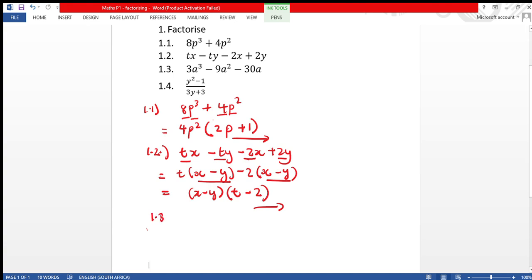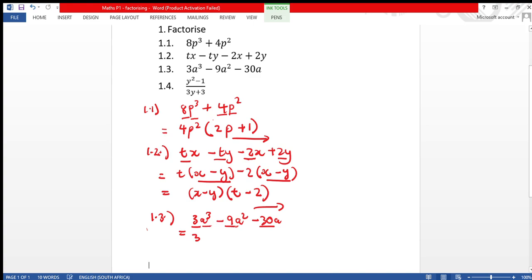Then let's go to question 1.3. We have 3a cubed minus 9a squared minus 30a. So between 3 and 9 and 30, 3 is a common factor.